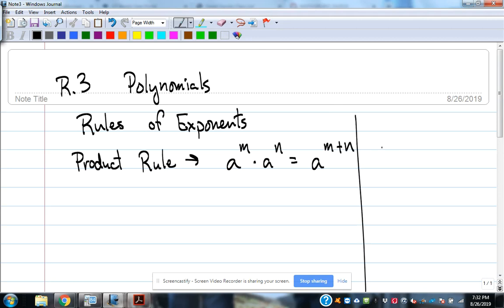An example of that would be like x to the third power times x to the fifth power. The answer would be x to the eighth power. Bases are the same, so you add the exponents. So remember, anytime you're multiplying and the bases are the same, you're going to add exponents. Product rule.